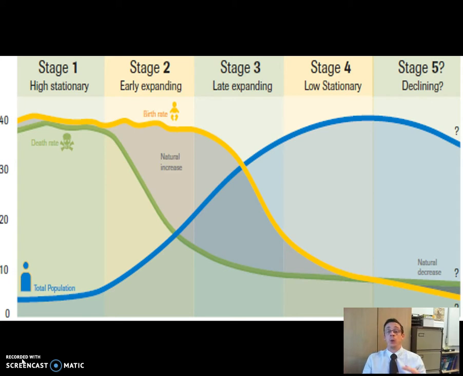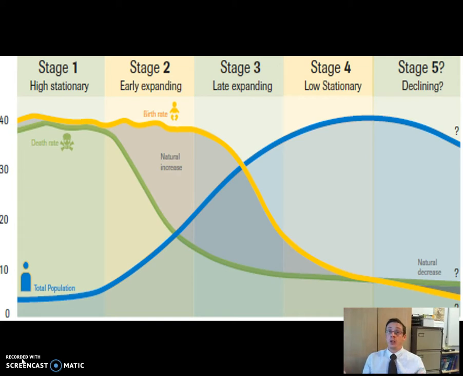We're also in a position where access to contraception isn't particularly prevalent, if it's available at all, so we don't have some of the things that would suppress the birth rate that we have today. You put both of those things together, the high birth rate and the high death rate effectively cancel one another out, and our population remains stable at quite a low total.